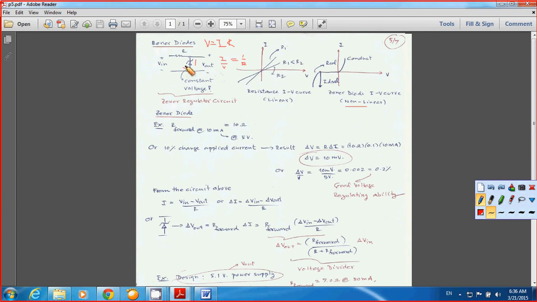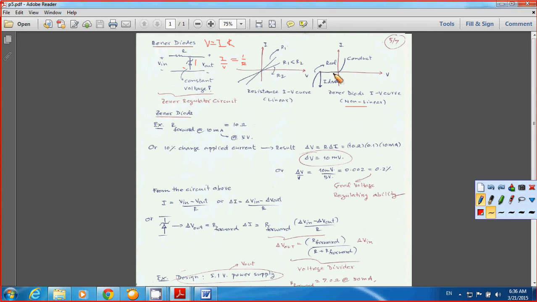When you apply the negative voltage, you're going to have the breakdown. I will discuss more detail about the diode's characteristic later on. And this one for the ideal diode is supposed to be like this.